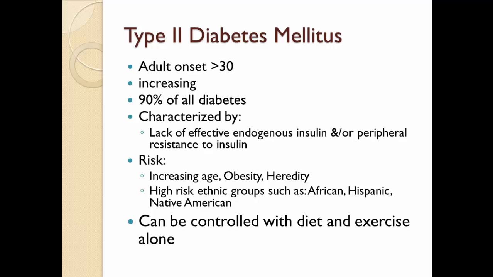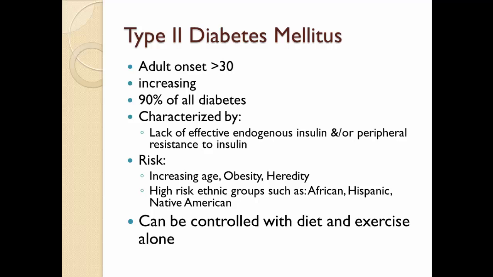So that's what that increasing is. It is characterized by a lack of insulin from within the body, so the beta cells aren't producing enough. They're still producing some. Or they can have peripheral resistance. Remember that insulin resistance. They have the insulin out there, they just can't get it into the cell. Or it could be a combo of both.